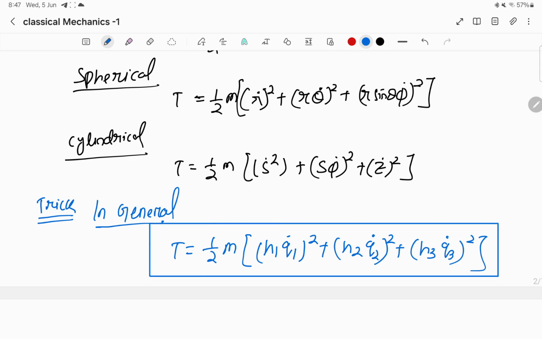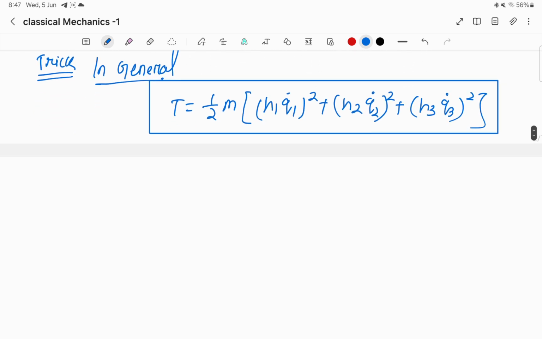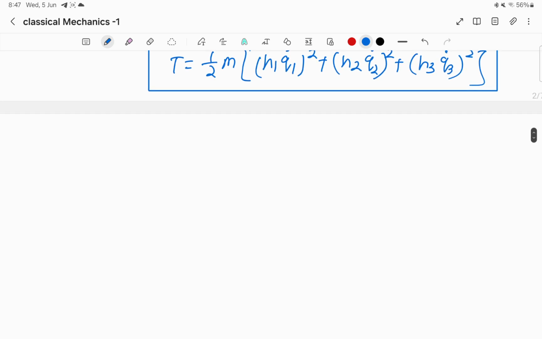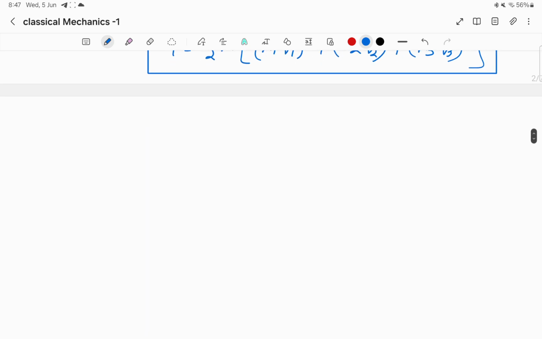For this, you have to remember the scale factors, that is h1, h2, h3 in different coordinate systems. So this is your generalized kinetic energy, and if I have to define the generalized momentum and the canonical momentum, I could define it as generalized momentum.